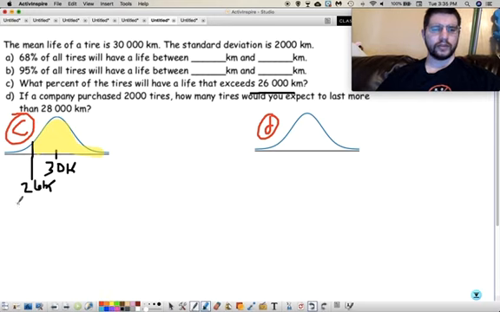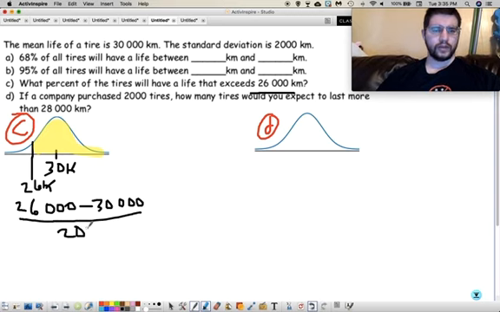So for the chart, convert to the Z-score. Standard deviation 2,000. So I do the math, that's -2 for the Z-score.